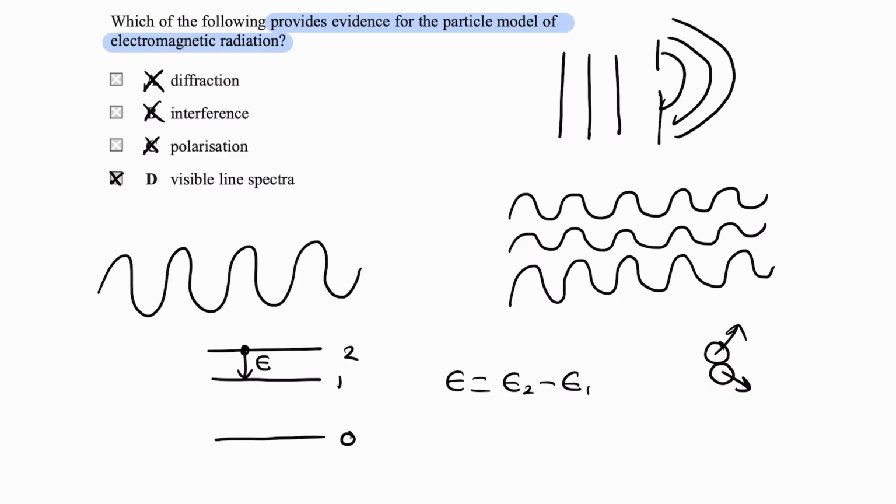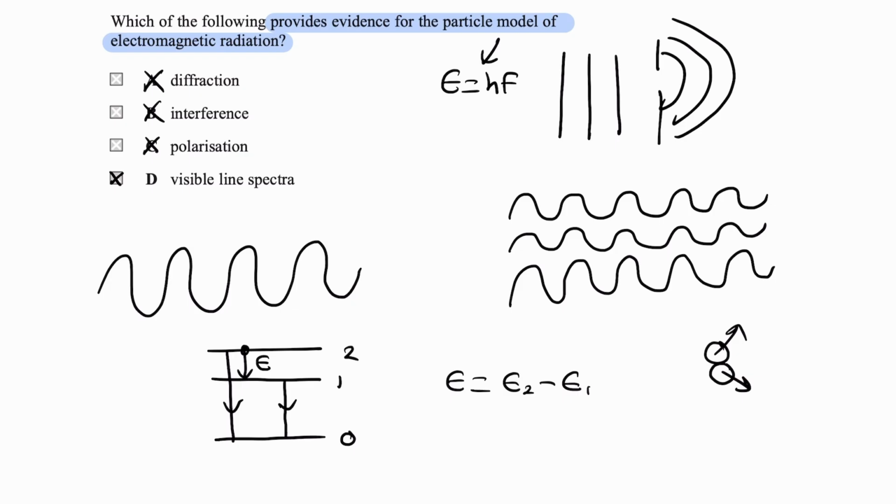What we see from the different de-excitations that we can possibly have, in this case there's 3, is that we will see 3 frequencies of light being emitted from that atom as it de-excites. In the particle model, the energy of a single photon is given by hf, so the fact that we see only 3 frequencies suggests that this equation is true, and that supports the particle model of EM radiation.